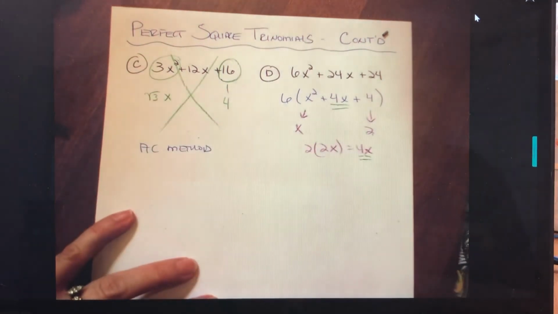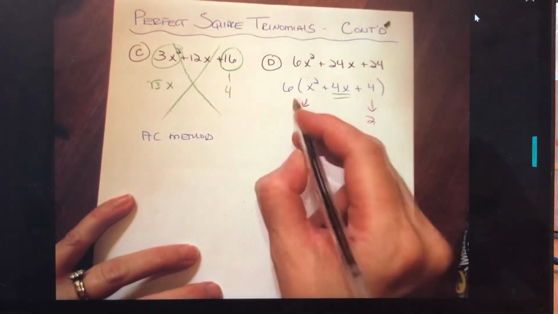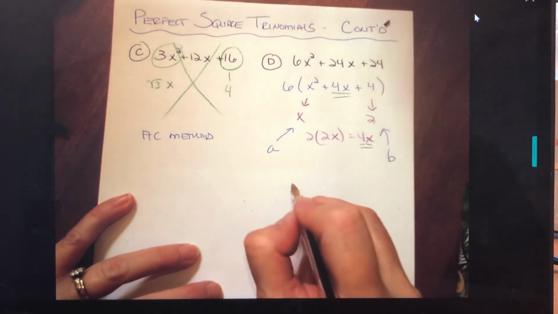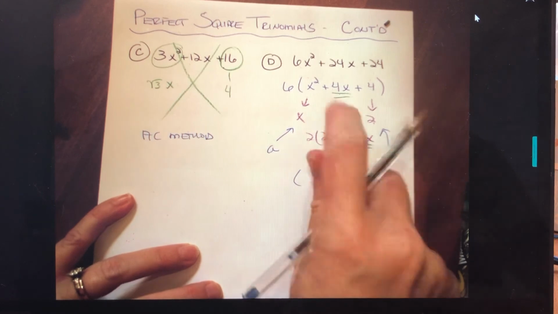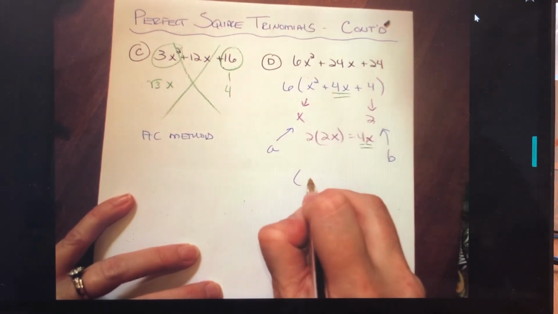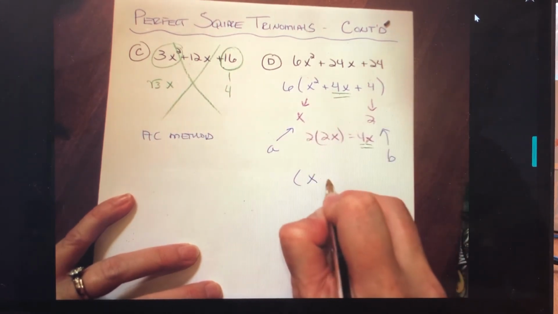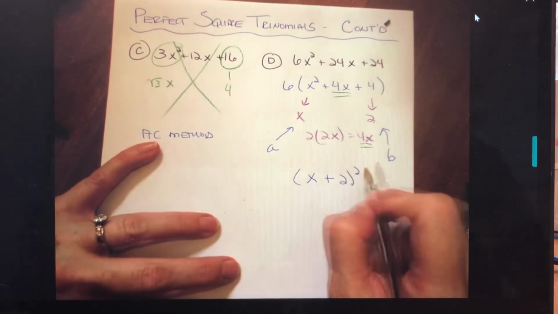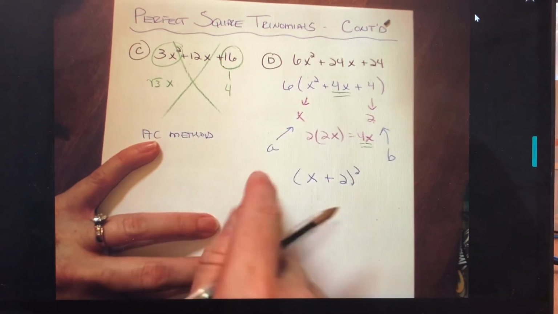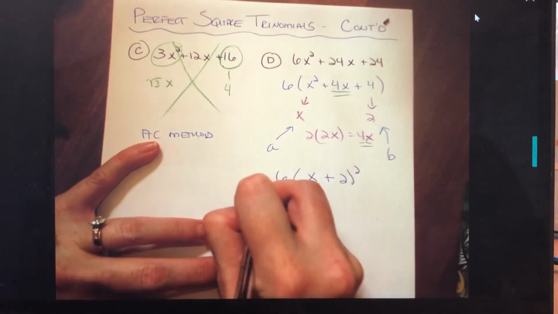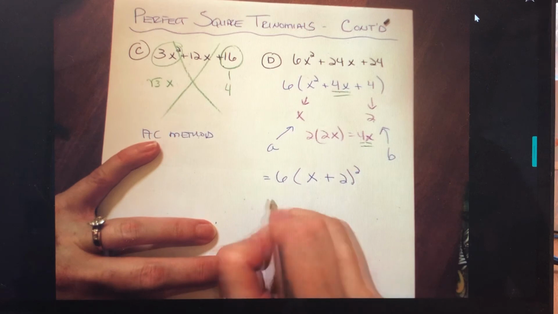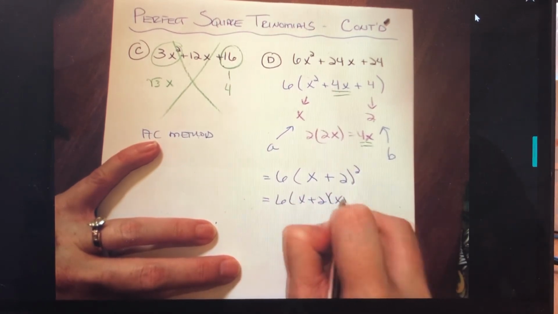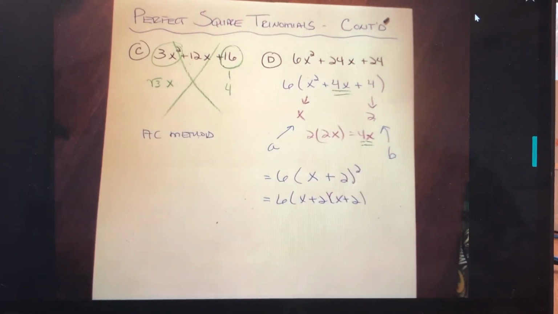It is a perfect square trinomial, which means this would be the A, the 2 would be the B, and if you recall the formula, because this is a plus sign, I end up with the A, which is x, plus the B, which is 2, and I can square that. And don't forget that we did pull out this 6 as a GCF, so that is still there out front. So this would be the answer to the factorization, which you could also, again, write that as that same binomial multiplied by itself.